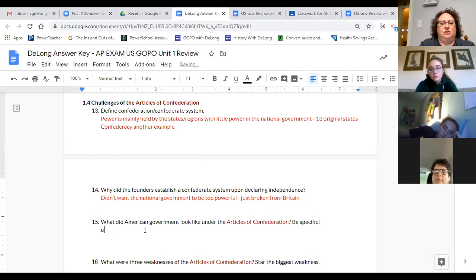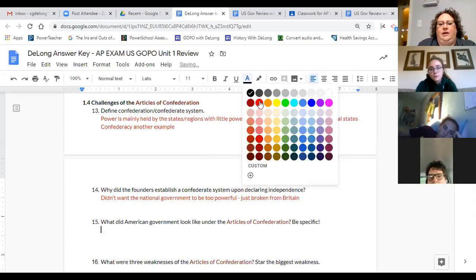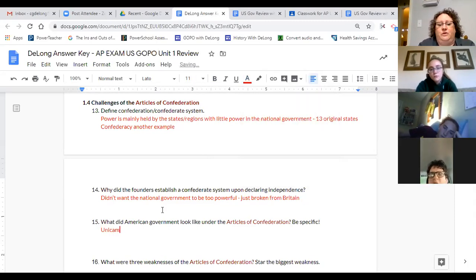So let's be specific. What does our legislature look like? It's unicameral. It took a supermajority to approve legislation, that 2/3. There's no executive, and they lack a lot of powers.